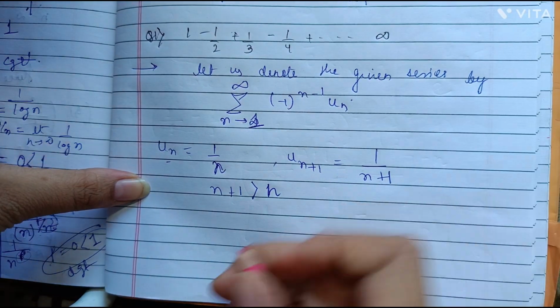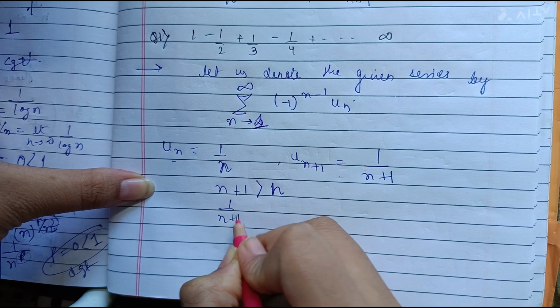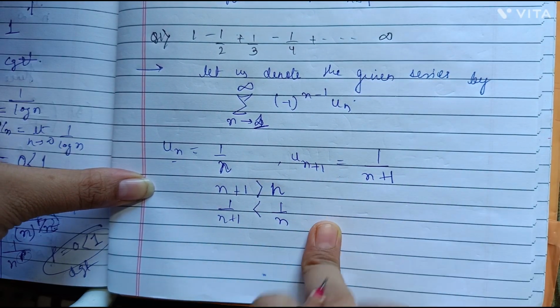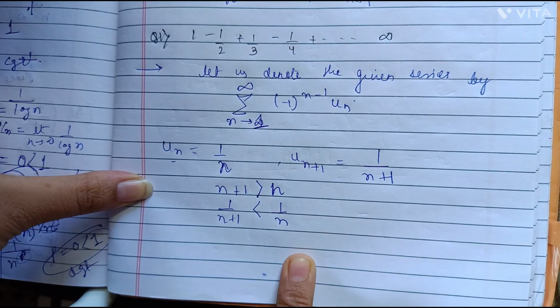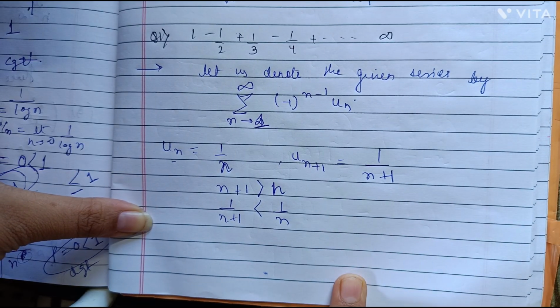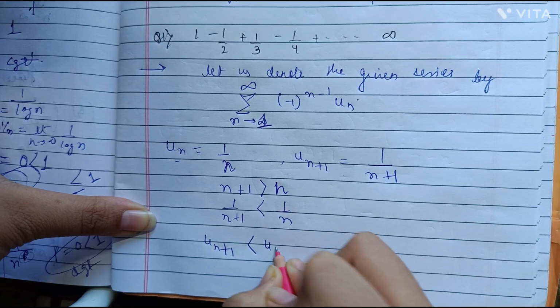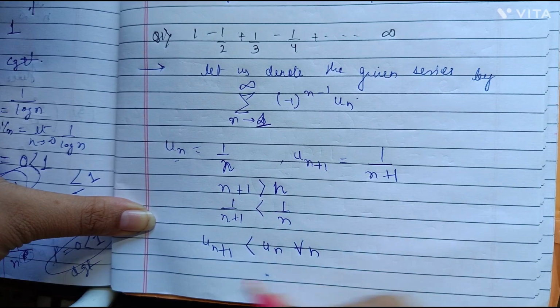So if I take the reciprocal, the inequality gets changed. So the first condition, un plus 1 is less than un for all n, is satisfied.